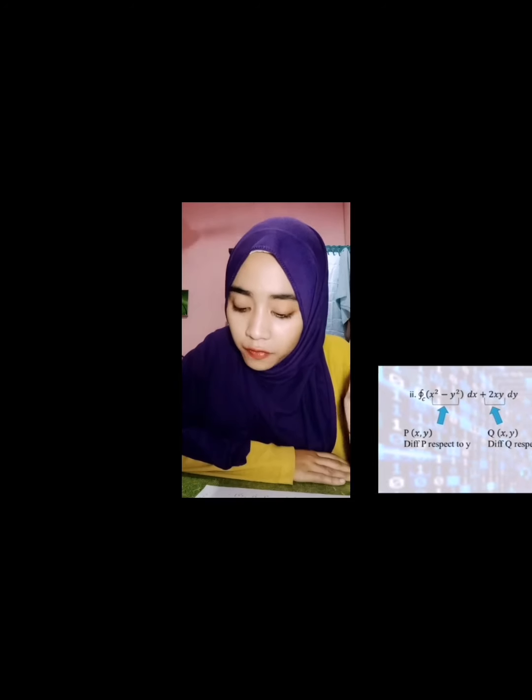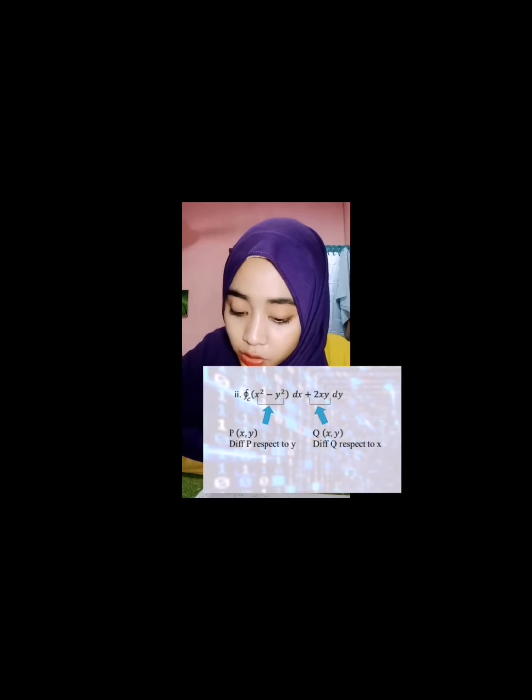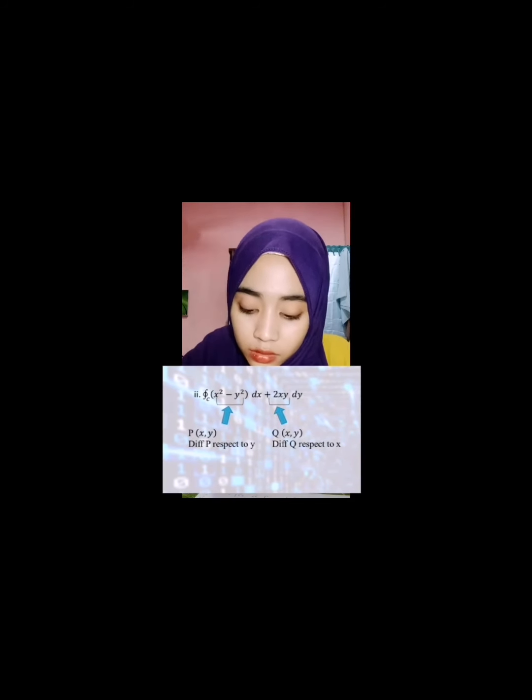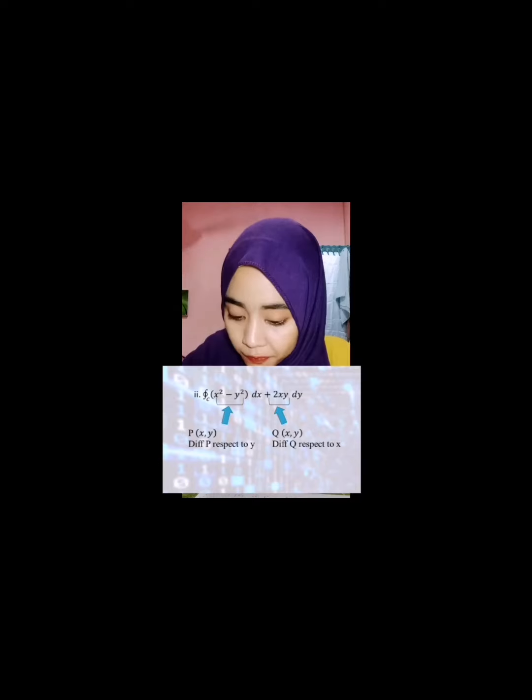For the solution in number 2, we have the line integral of x squared minus y squared dx plus 2xy dy. The expression x squared minus y squared is our P(x,y). We differentiate P with respect to y and we get negative 2y.